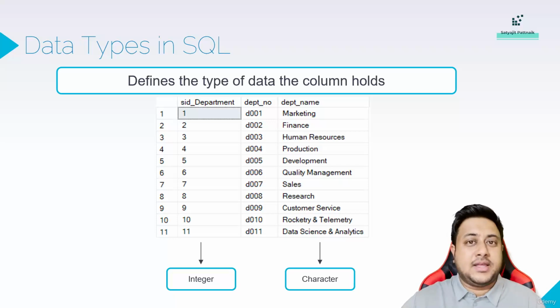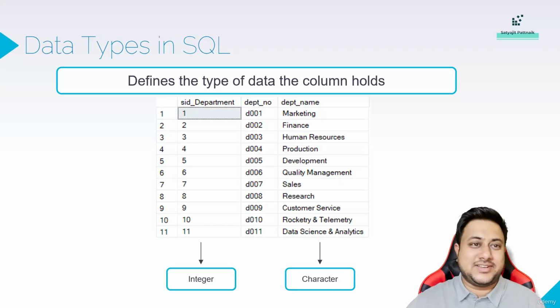So in Python, if we define the data types, SID will be an integer type, department number will be a string type, and department name will also be a string type. Simple. In SQL, we treat string type as characters. Varchar, that is one of the data types in SQL. And of course, integer remains the same.